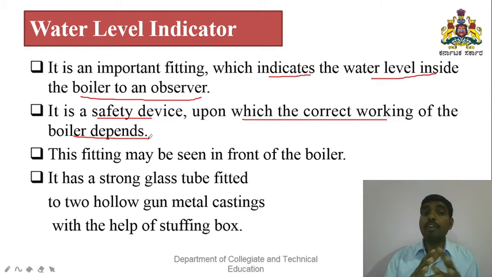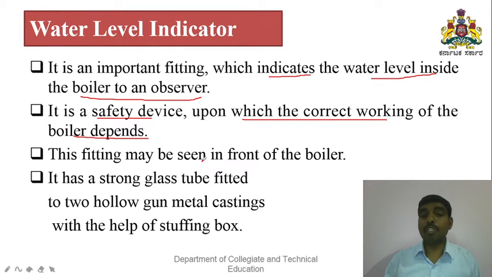If the water level goes down or a false indication is given, it may lead to explosion of the boiler, or overheating of the boiler, or breakdown of the boiler. These may occur due to malfunctioning of the water level indicator. For that purpose, it should work correctly. That's why safe functioning mainly depends on the water level indicator.